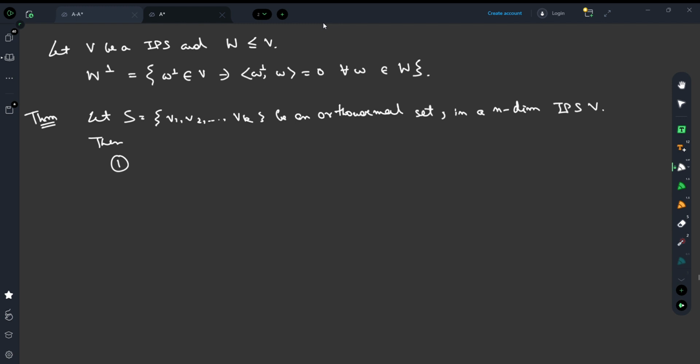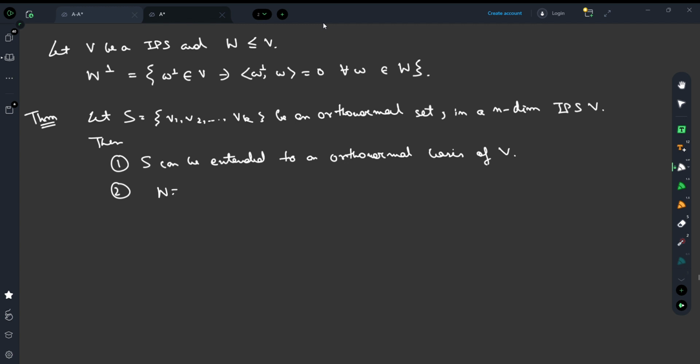First, which is quite relatable if you have done a basic course in linear algebra, we know that any linearly independent subset can be extended to form a basis. That is exactly what we are doing here. We say that S can be extended to an orthonormal basis of V.